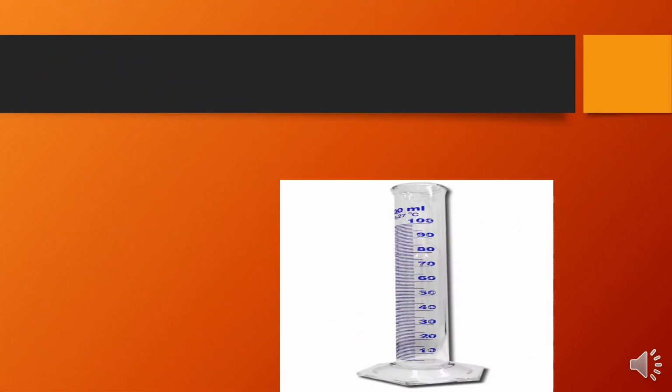Now we'll study in detail the measuring cylinder. Here you can see in this measuring cylinder, on the top it is written ml. This is of 100 ml. The capacity of this measuring cylinder is 100 ml. It starts from 0 and ends at 100.